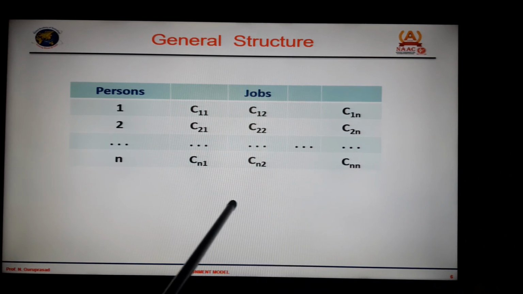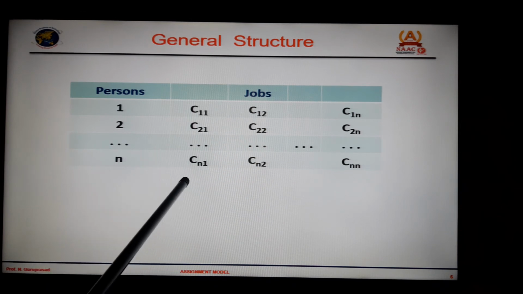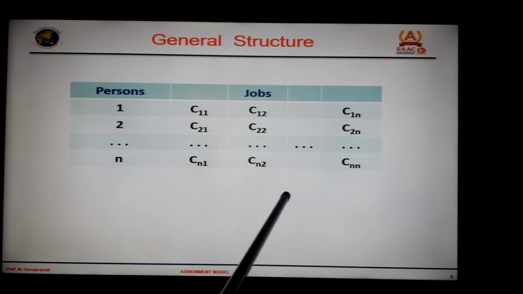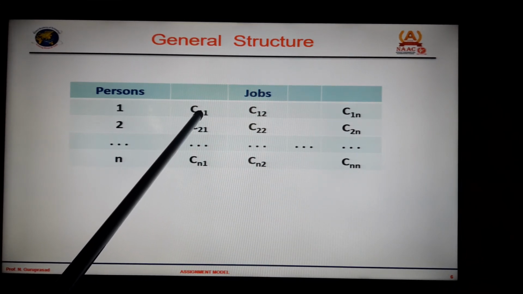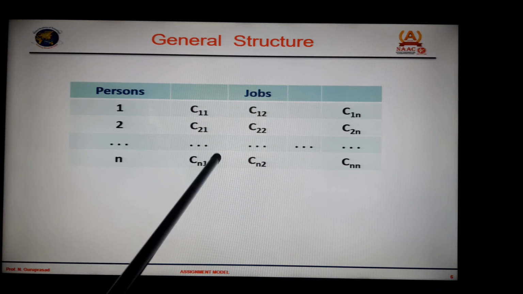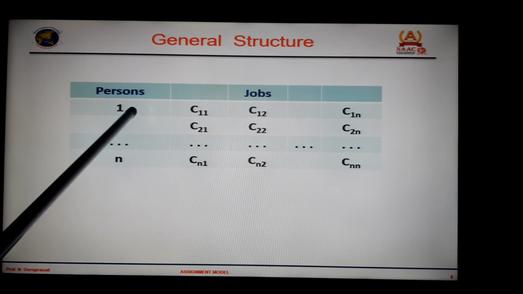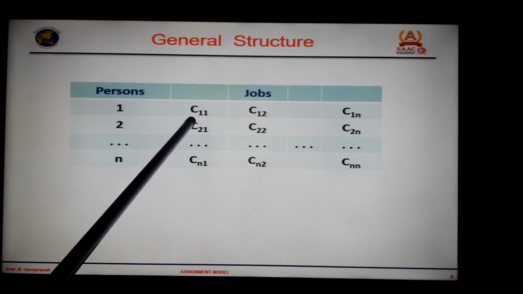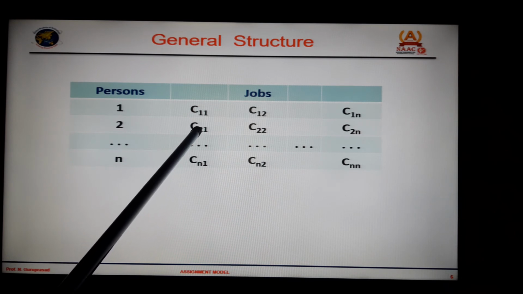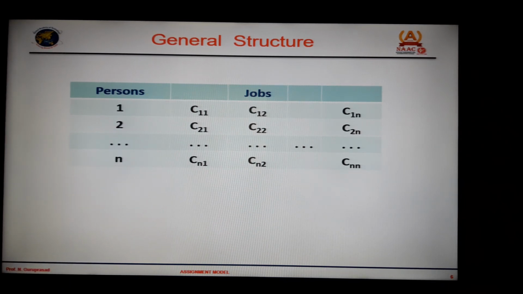This entire matrix will be given to you, filled with integer numbers, so you don't need to worry about this. For example, if I give you 5 in place of C11, the significance of that 5 is that if person 1 does job 1, the total cost involved will be 5 rupees. So this is what is called the cost effectiveness matrix.